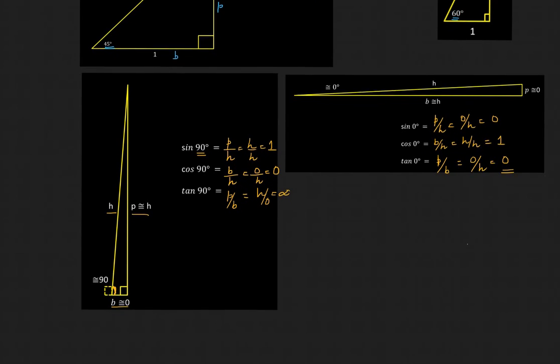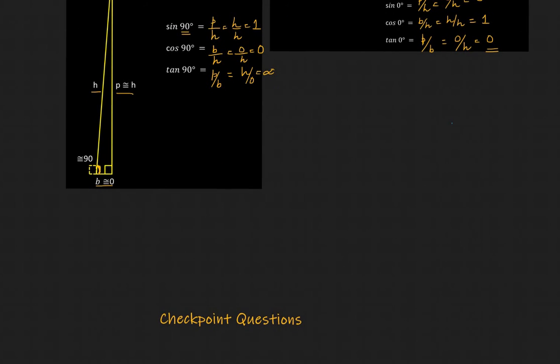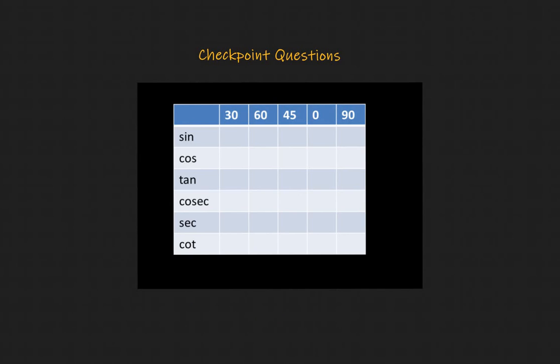So let's quickly summarize with a checkpoint. So here are the checkpoint questions. Now, one thing to remember is, if you have, for example, sine 0, you get it as 0.